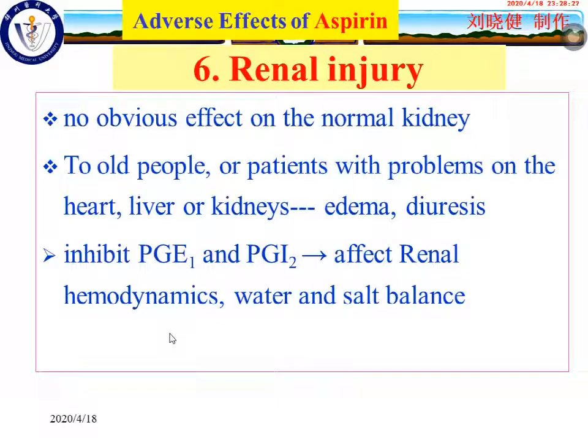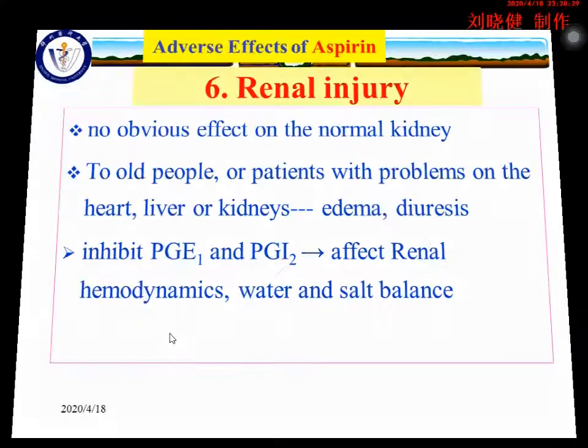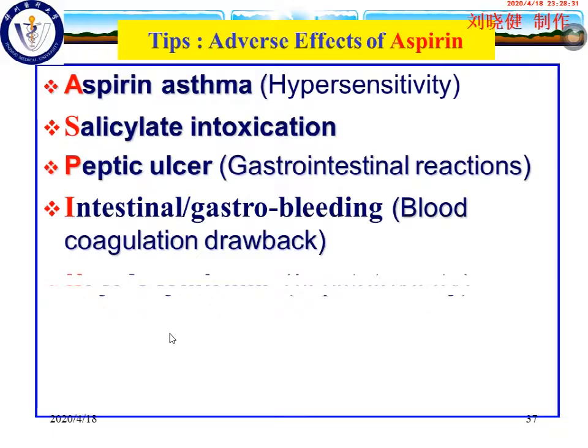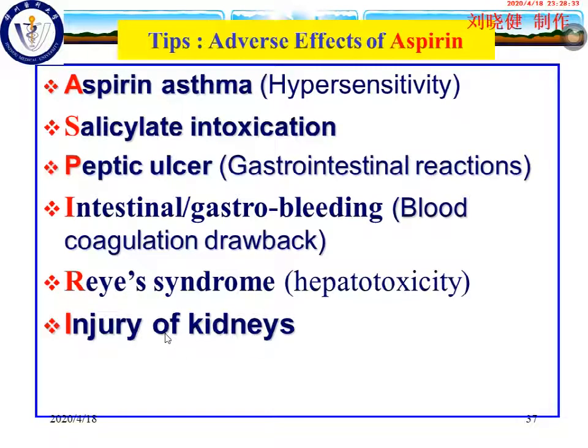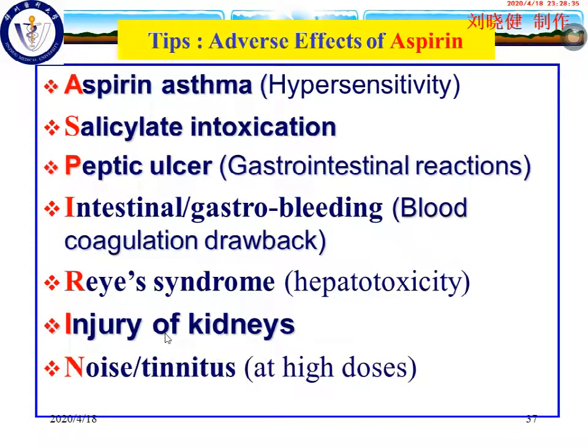Okay, here there are 6 points of adverse effects of aspirin. Maybe it is not very easy for you to memorize. So there is a tip to help you to remember. These adverse effects caused by aspirin include aspirin asthma. It is one kind of hypersensitivity.